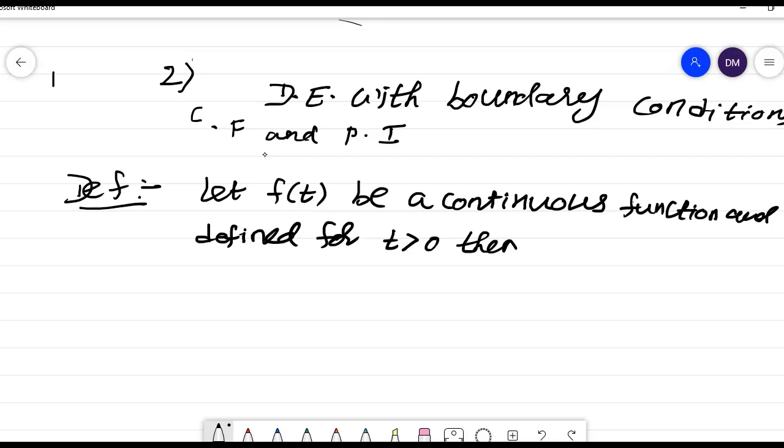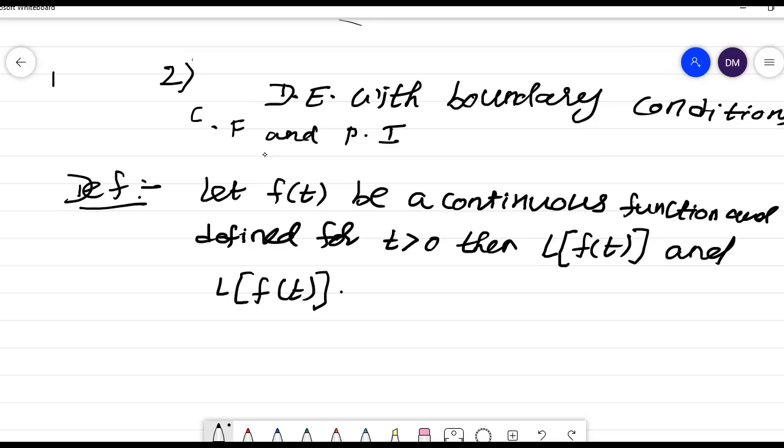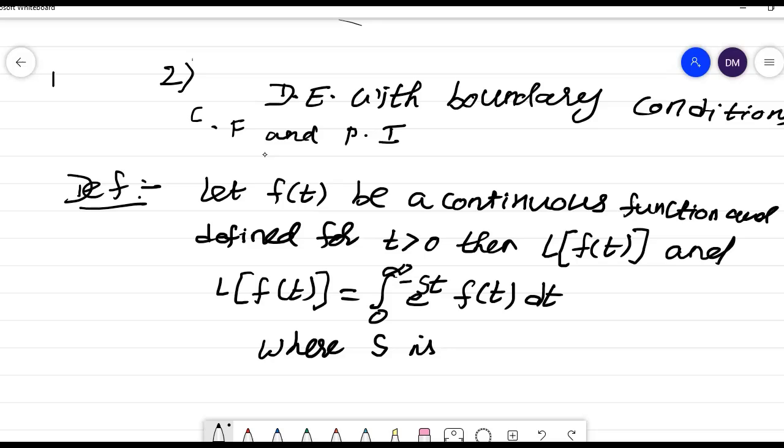Then Laplace transform of f of t is denoted by L of f of t and is defined as L of f of t is equal to integral 0 to infinity e power minus st f of t dt, where the parameter s is a real or complex number.